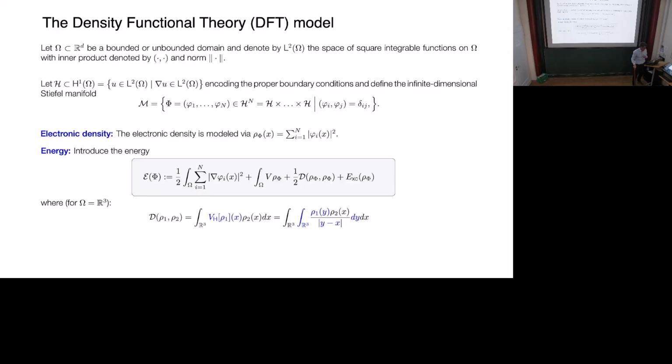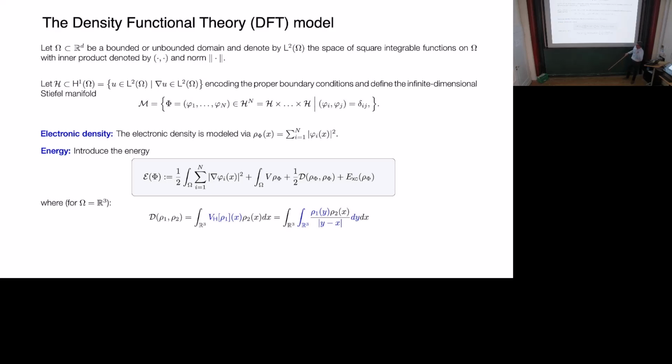And then you can define an energy for such a vector of H functions. Here we have a sum over the different phi's and the kinetic energy. So you can somehow associate a phi to each electron. So n is the number of electrons.